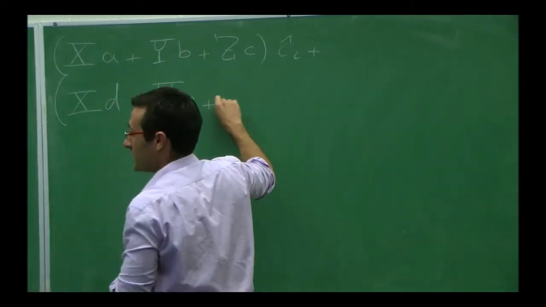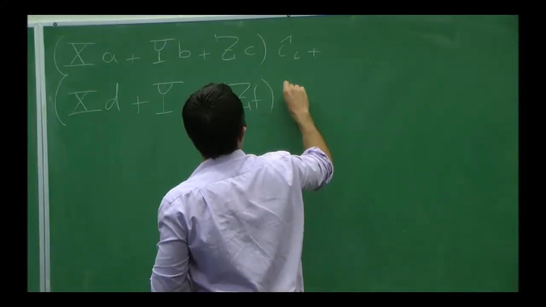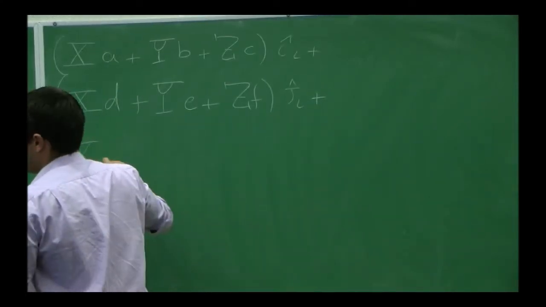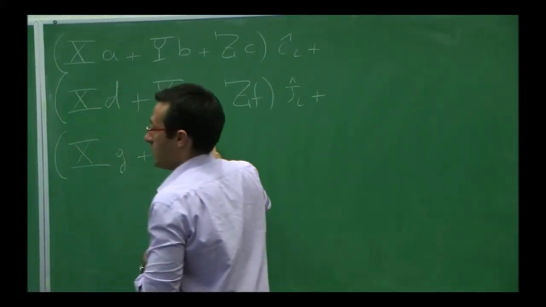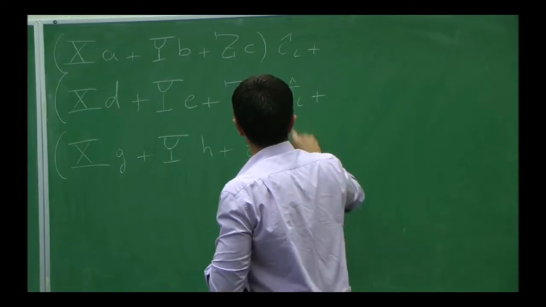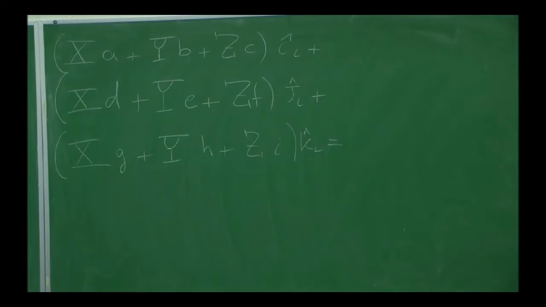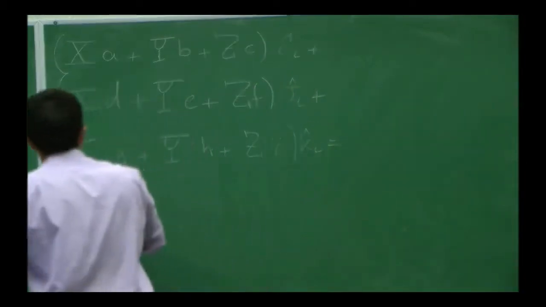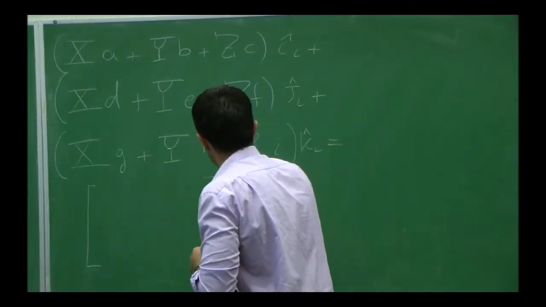X D, Y E plus Z F on j_L, plus X G plus Y H plus Z I on k_L. Okay. Another way to write this, going back to matrices and column and row vectors, is doing this.